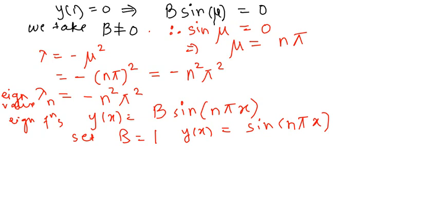We have got the sequence of eigenvalues, and corresponding to each eigenvalue there is an eigenfunction which is of this form, that is sine of n pi x. So whatever is that n value will give you that particular eigenfunction.